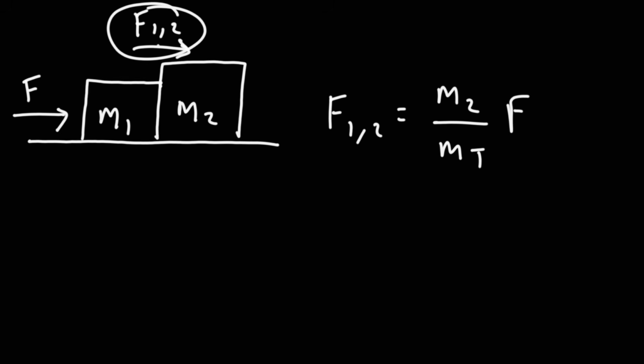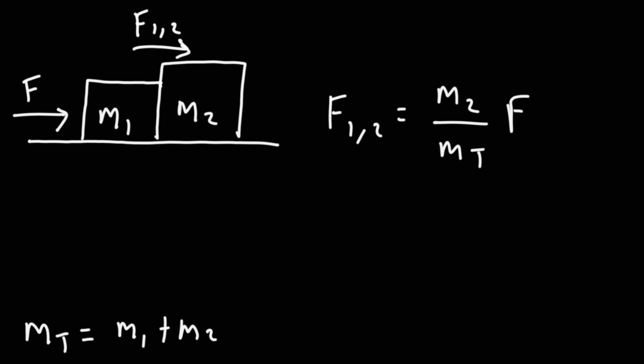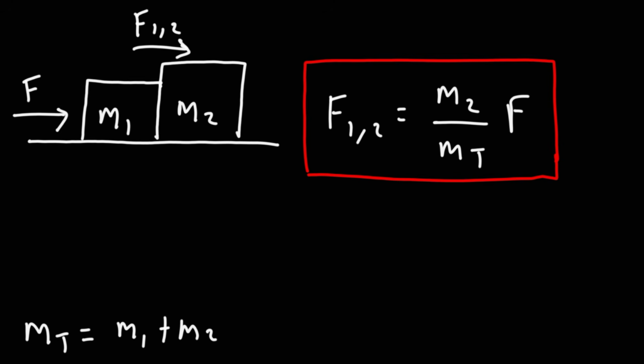So it's based on the ratio of this mass relative to the total mass, times this force. So it's proportional to this force. The total mass, mt, in this problem is m1 plus m2. So that's a simple formula that you could use to calculate the contact force between the two boxes.